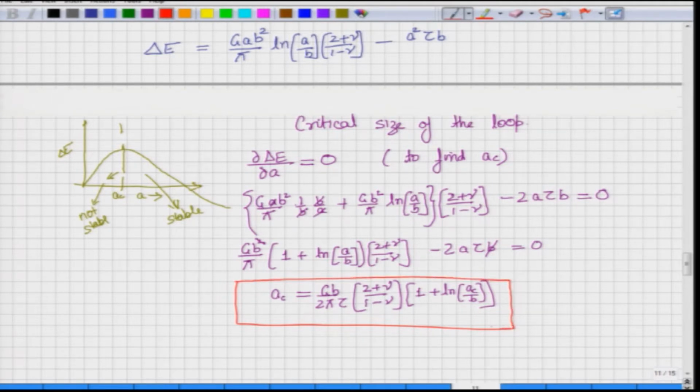So, this will have to be solved in the way implicit equations are solved to be able to get the value of AC.